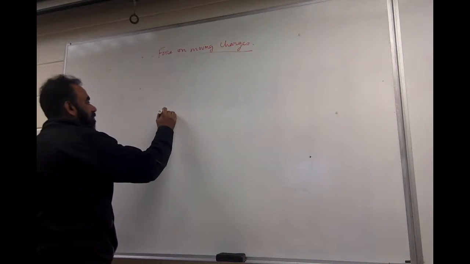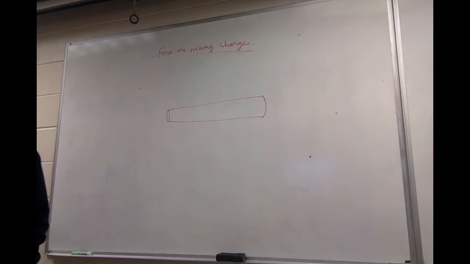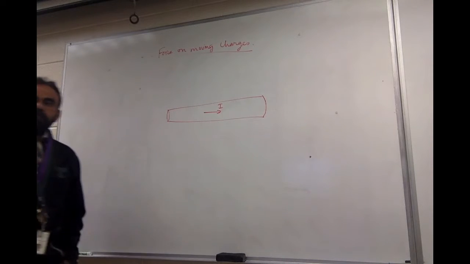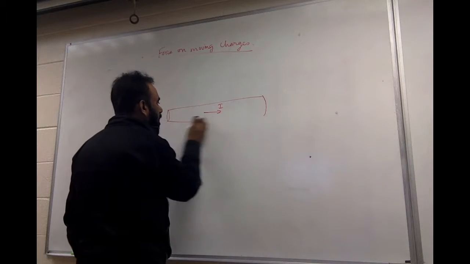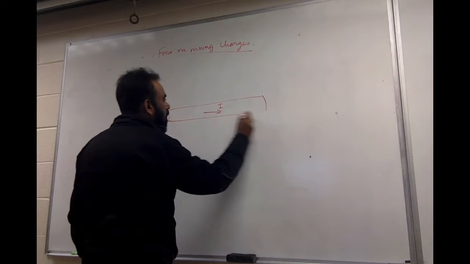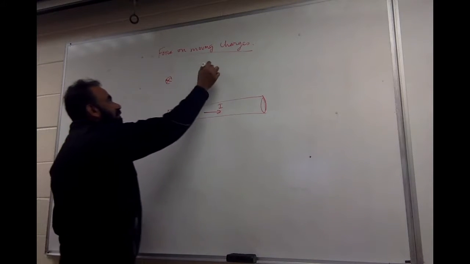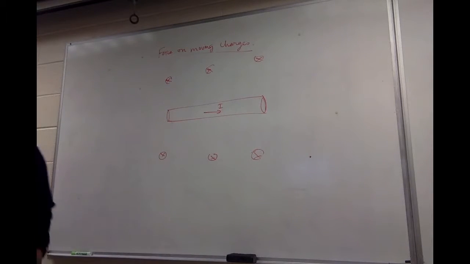So let's go to that one. Let's say that's a conductor carrying a current in that direction, placed in a magnetic field perpendicular into the board.